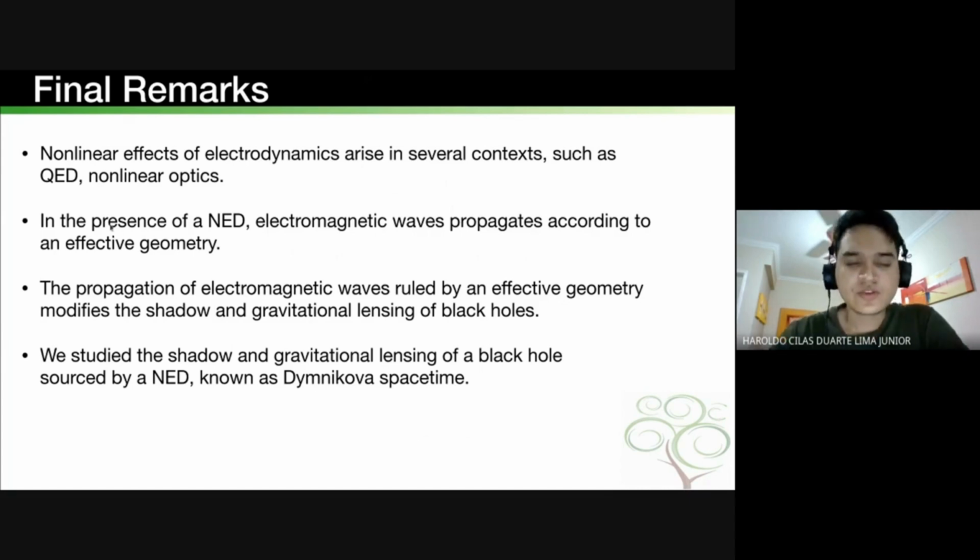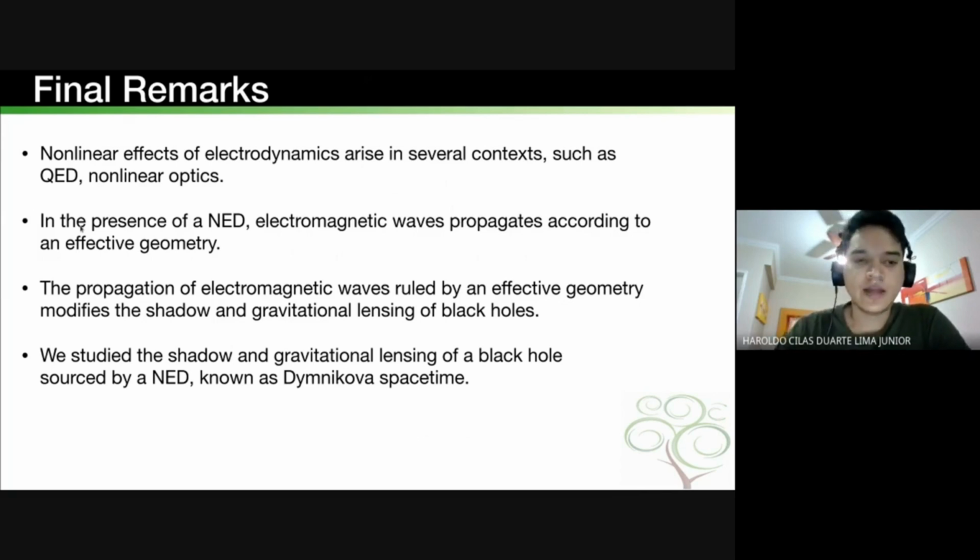And we also have discussed that in the presence of a nonlinear electrodynamics, the electromagnetic waves propagate according to this effective geometry. And we have shown that this interpretation of the effective geometry is equivalent to the existence of a force term, which arises due to the self-interactions of the theory, due to the nonlinearities.